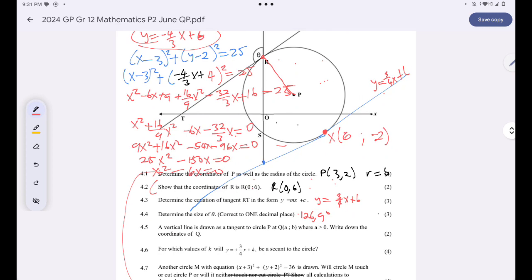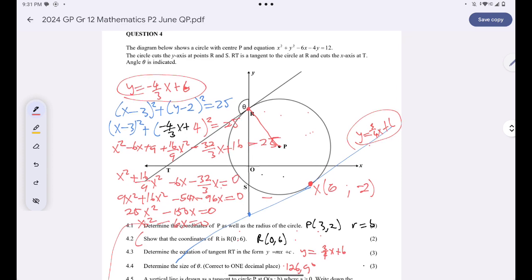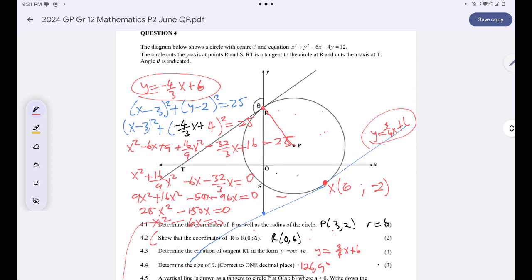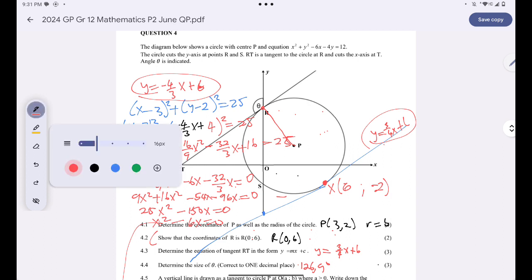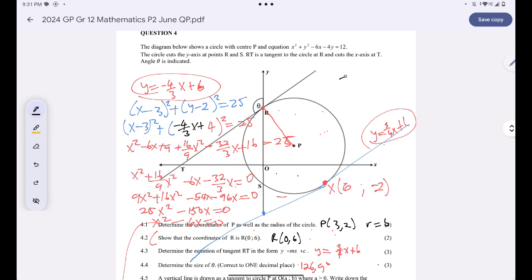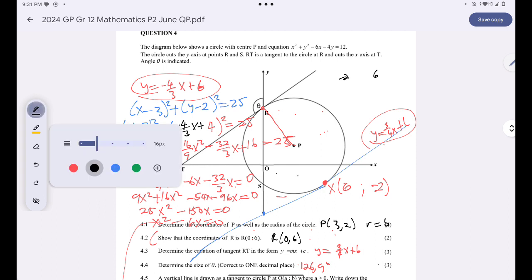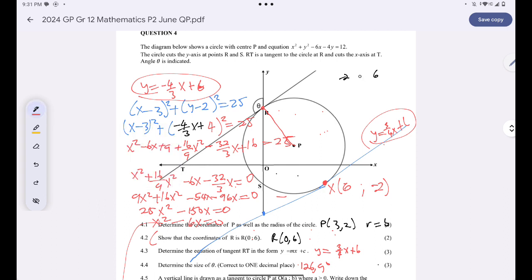The equation of my tangent is this one. How can I find it? All I need is the value of c, so I'll just substitute the values of x and y. I know that y is equal to negative 2 whenever x is equal to 6. This is 3 over 4 multiplied by 6 plus c.